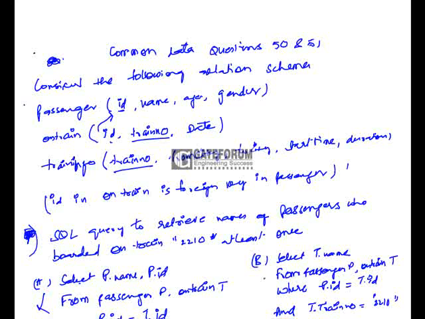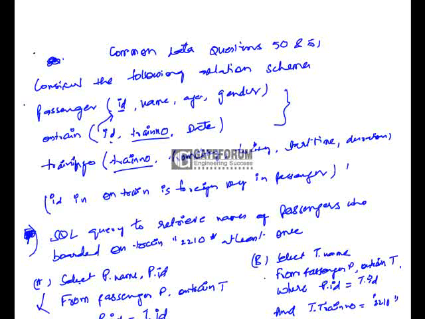If you see option B, here select T.name from passenger P, on train T. Here we have to find the cross product of these two tables, because our required information is in table P, and we have to compare with the table on train.